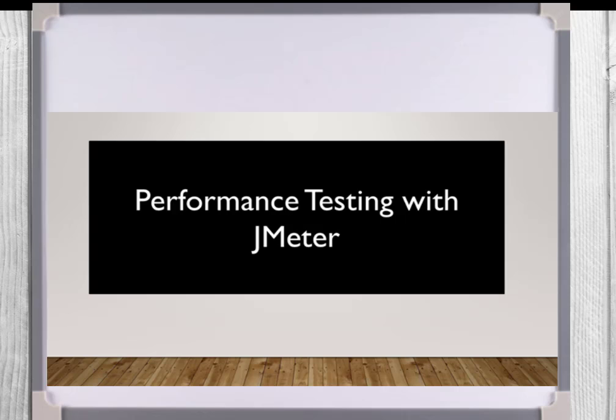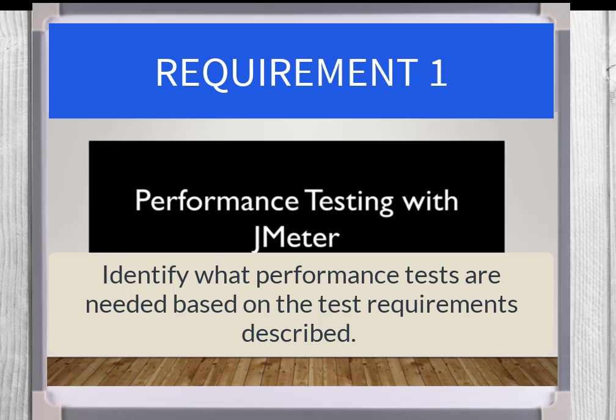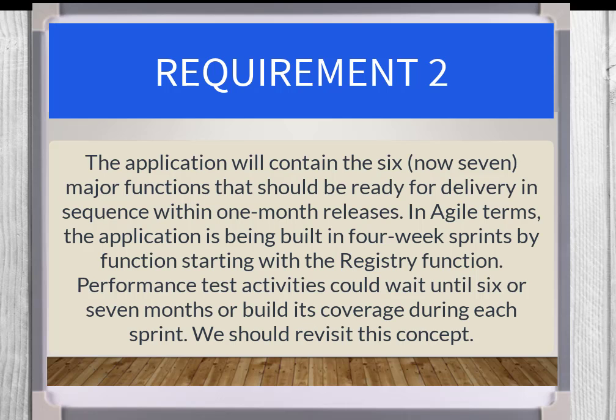First, requirement 1. Identify what performance tests are needed based on the test requirements described. Requirement 2. The application will contain the 6 or 7 major functions that should be ready for delivery in sequence within 1-month releases.